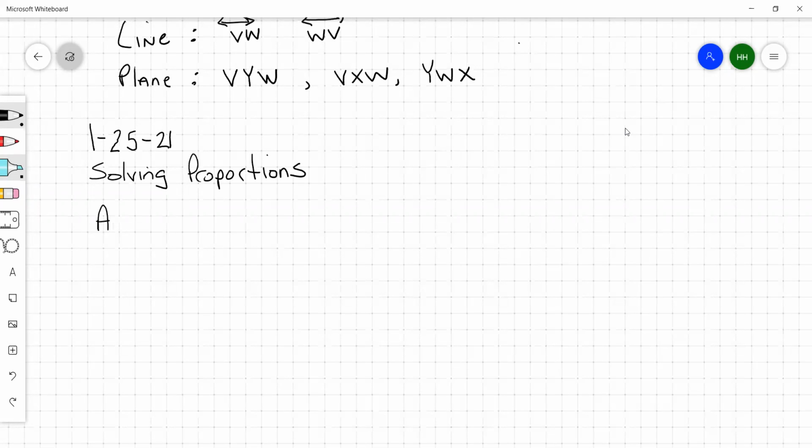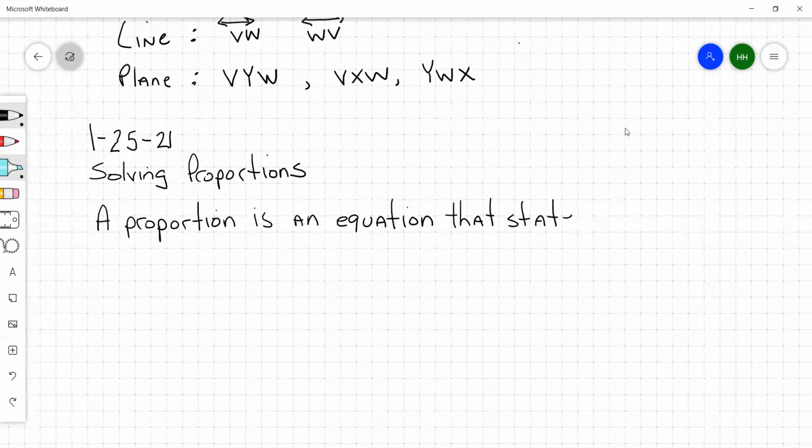And a proportion is an equation that states two ratios are equal.